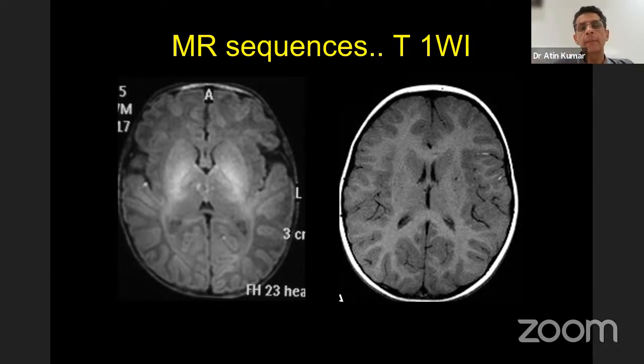MR is not simple compared to CT because in CT, we have just one type of image which comes. White matter is white, gray matter is bright, ventricles showing fluid come dark. That's all because of the radiation or X-ray absorption properties of the tissues.